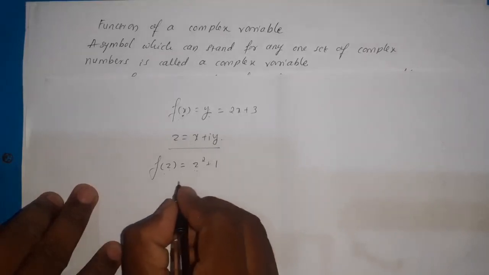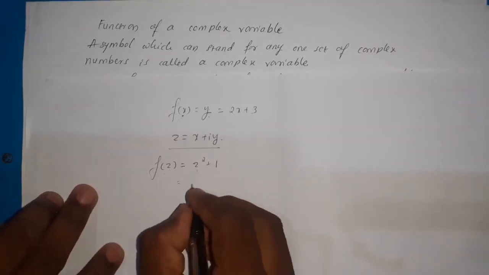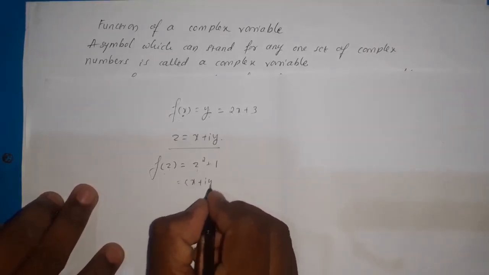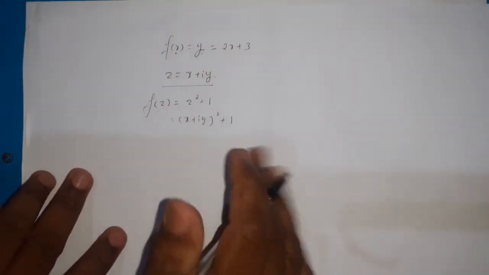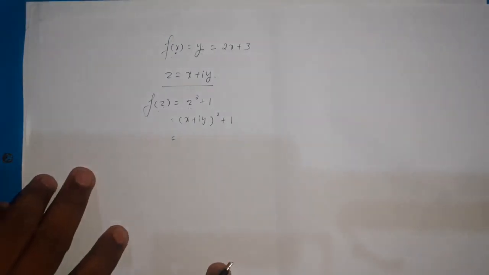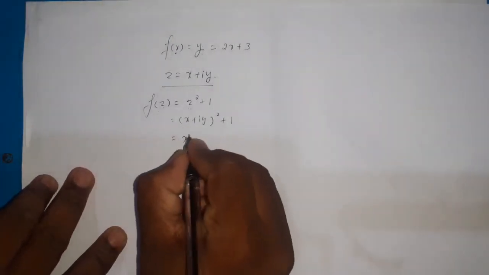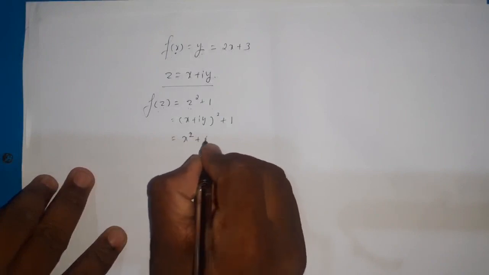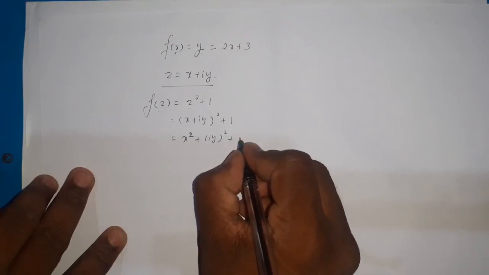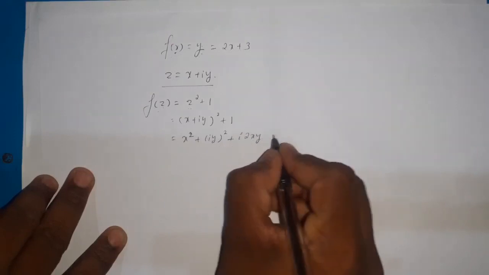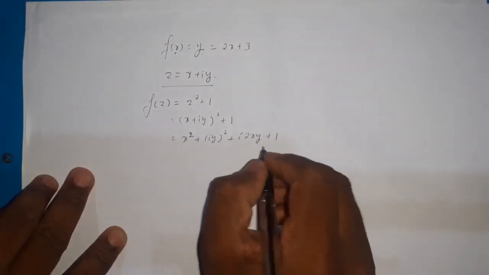Now let us substitute z equal to x plus iy. So x plus iy whole square plus 1. Now using the identity a plus b whole square, it gives x square plus iy whole square plus i into 2xy, plus 1.